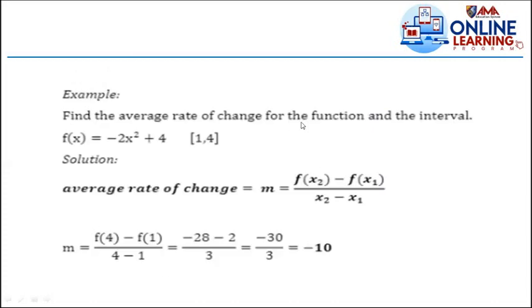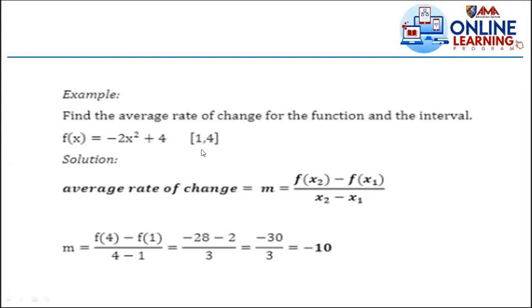So, we have your example number 1. Find the average rate of change for the function and the interval. The function f(x) equals negative 2x squared plus 4 at 1 and 4. That is now the equation of our graph. Okay? So, solution, the average rate of change equals m, the function of x2 minus the function of x1 divided by x2 minus x1.